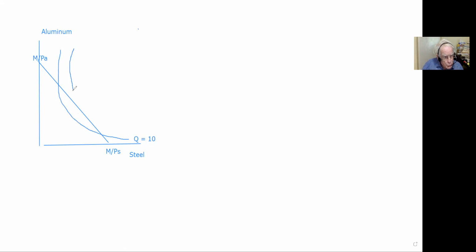Then on this one, 20 cars, more because we have more inputs available.